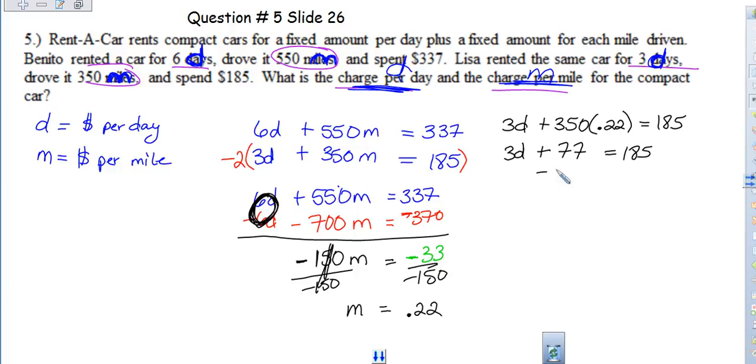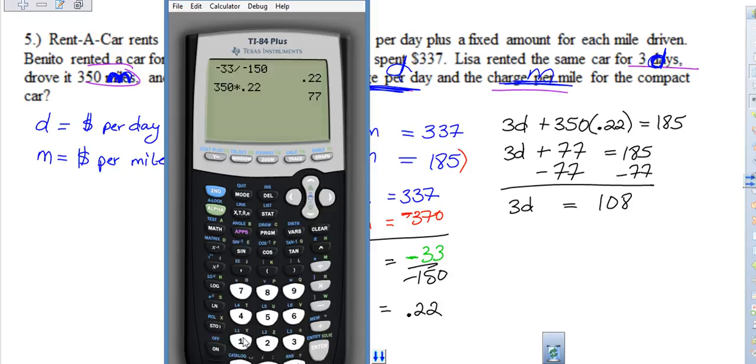I'm going to subtract 77. 3d equals, and then it would be 110, but it'll be 108, I believe. We'll double check because it's been a long night. 185 minus 77, 108, there we go.